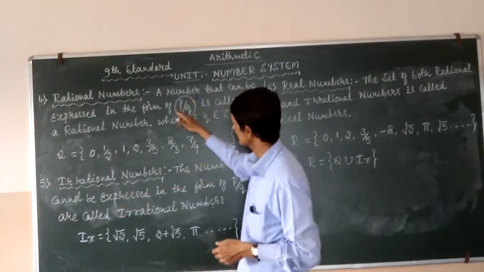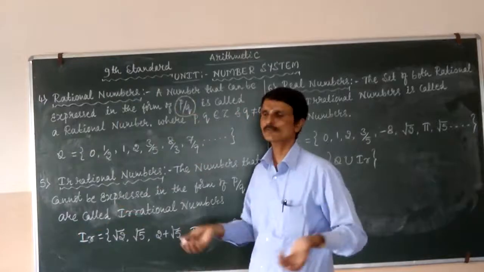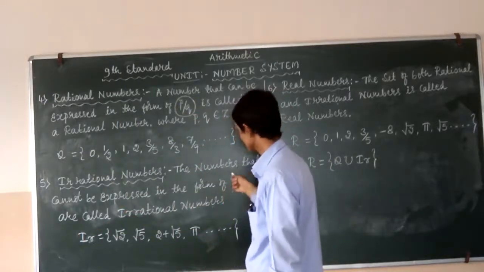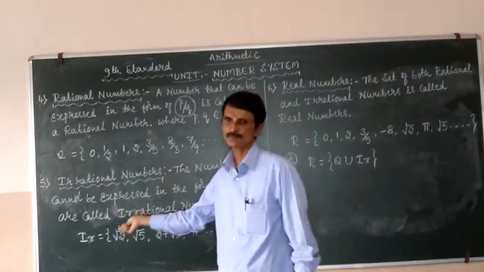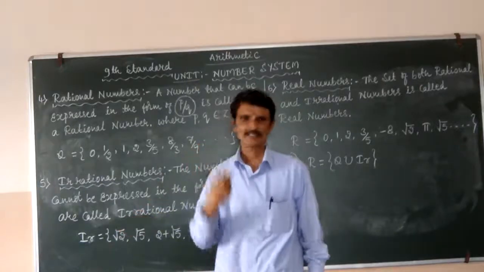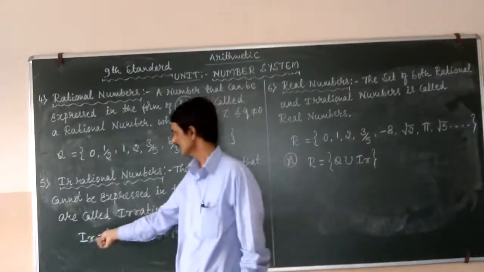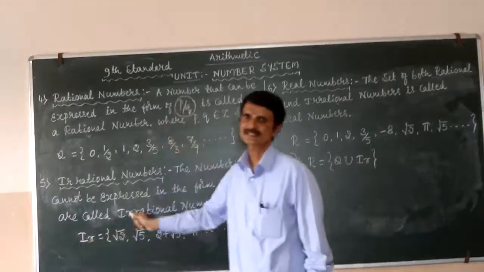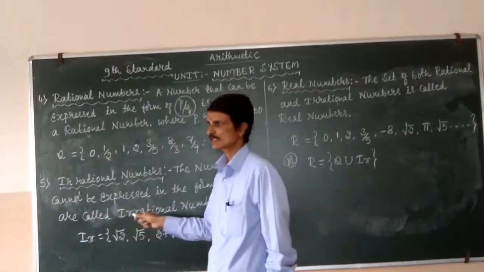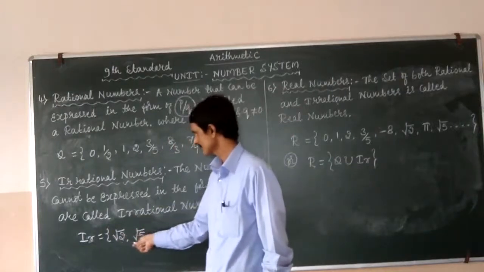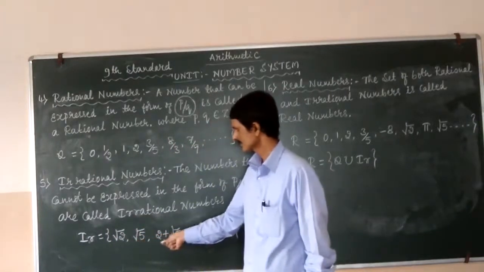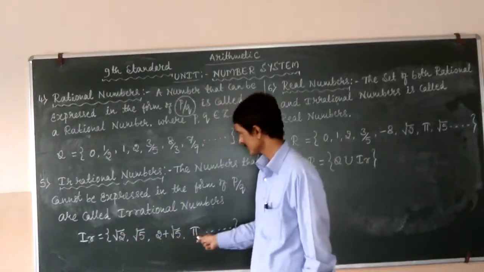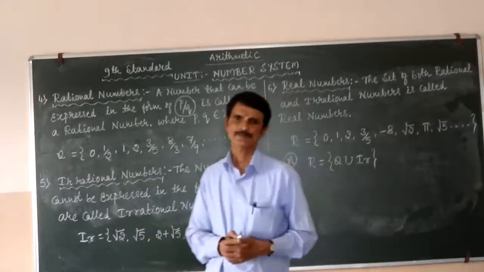The numbers which cannot be written in the form of p by q are called irrational numbers, and the set is represented by IR. So IR contains root 5, root 2, 2 plus root 5, etc.